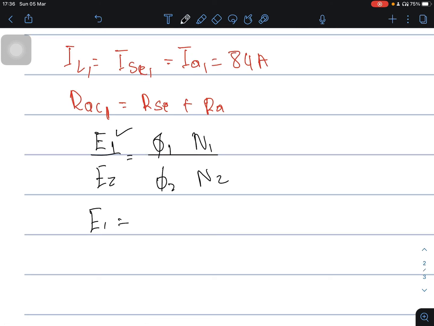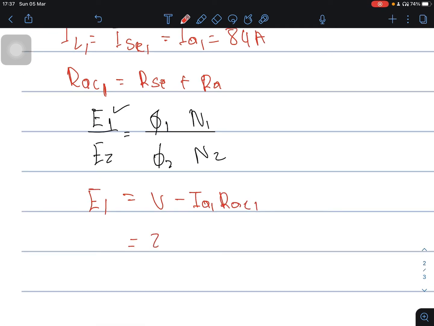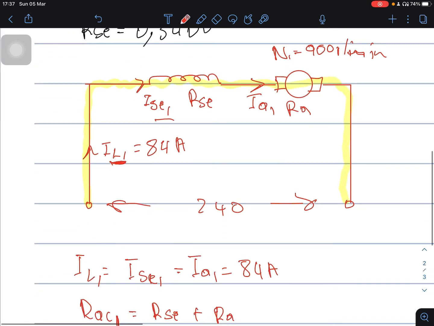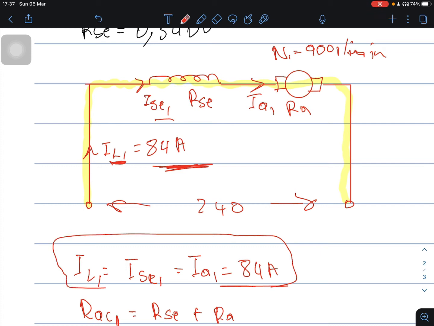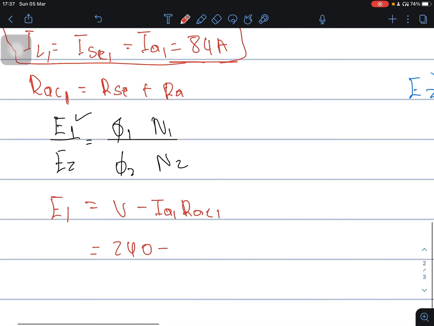E1, we're going to say E1 is equal to V minus IA1 times RAC1, which is 240 minus, I had shown you that I armature 1 is the same as I load 1, which is 84.